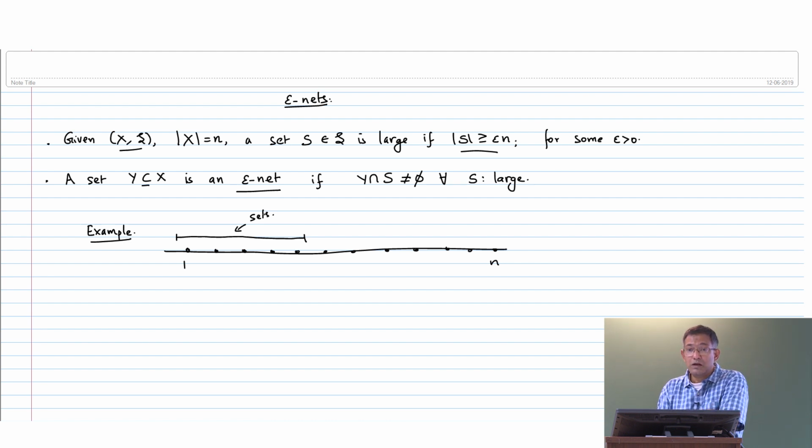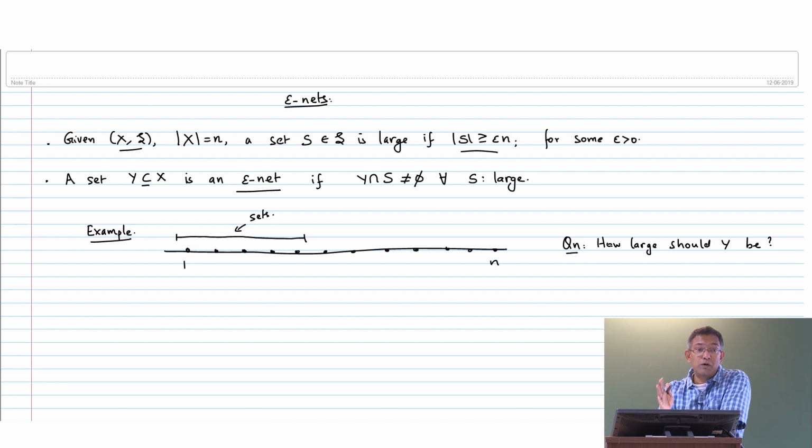So how many points do you need? Our question is going to be how large should Y be? We are not asking anymore how to compute the epsilon net. We are not asking for approximation algorithms to compute an epsilon net of small size, but our question is really combinatorial.